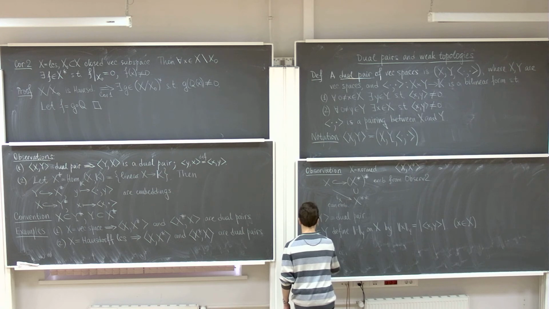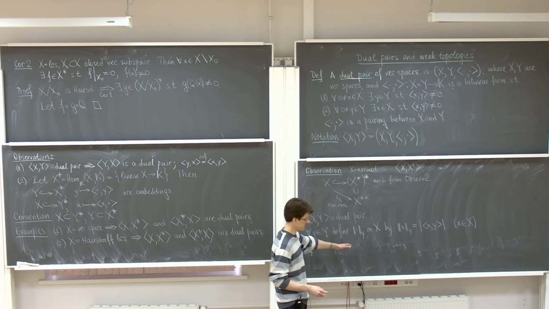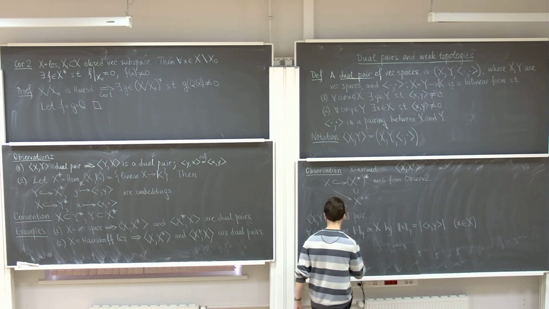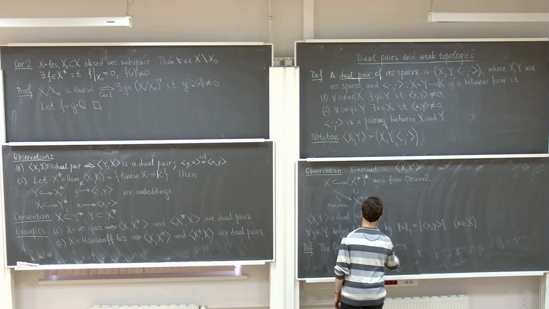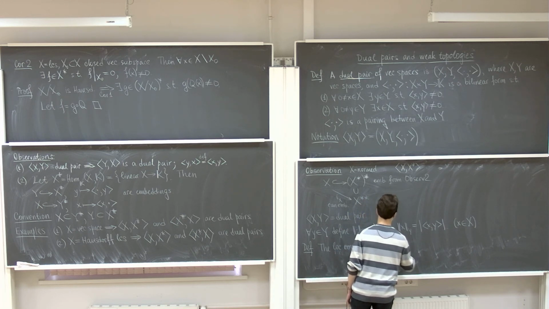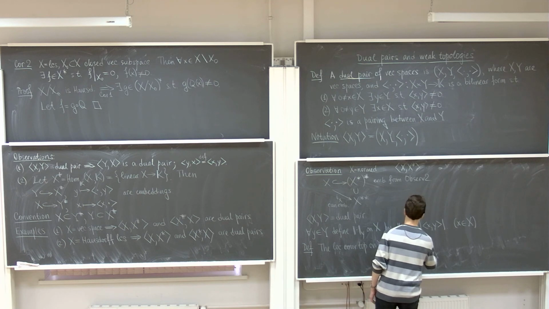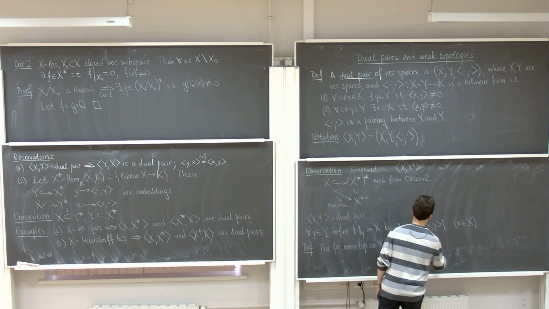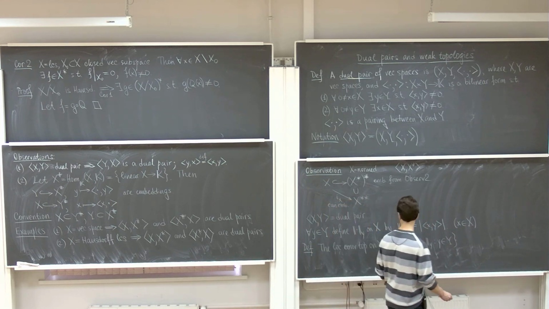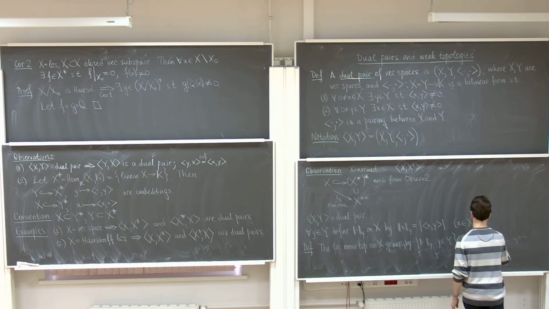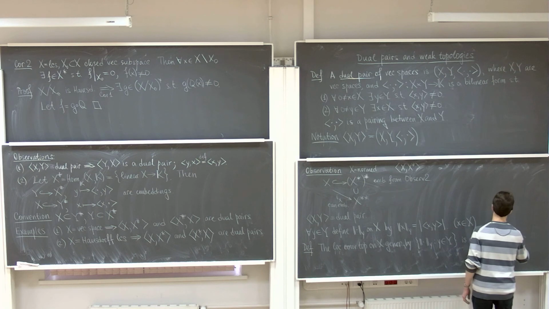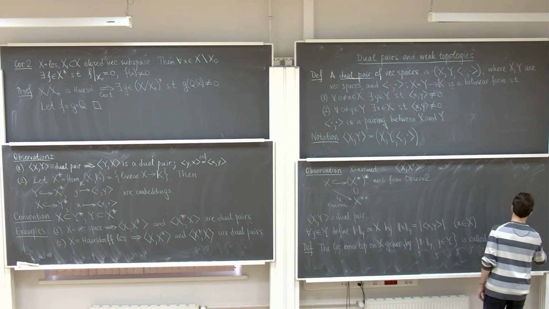By definition, if we now consider all such seminorms, and if we construct the locally convex topology on X generated by all seminorms of this form, where Y runs over big Y, then this topology is called the weak topology of the dual pair XY.